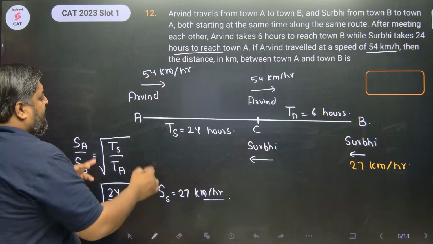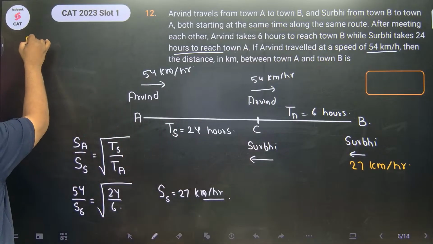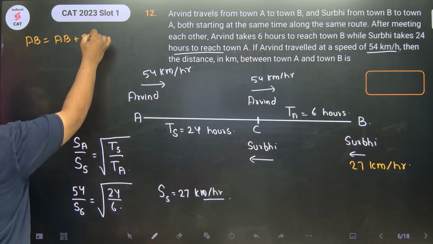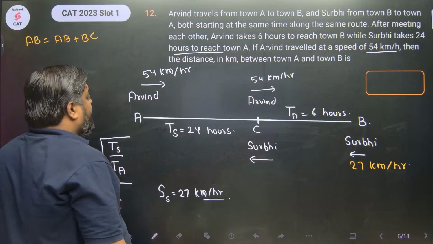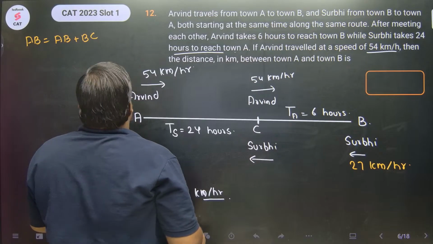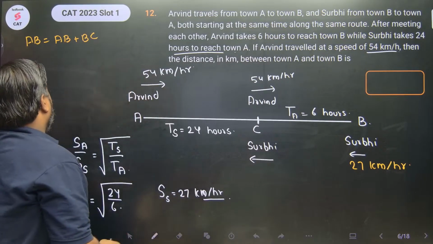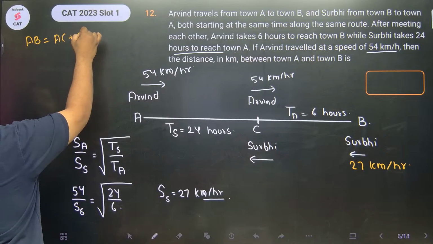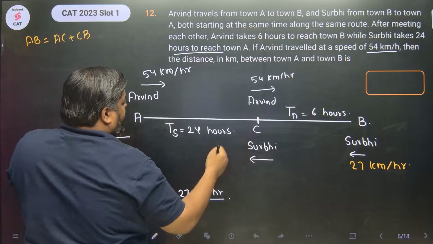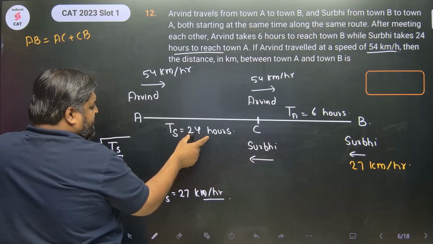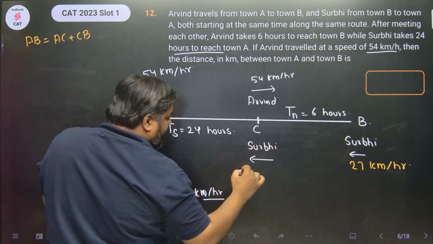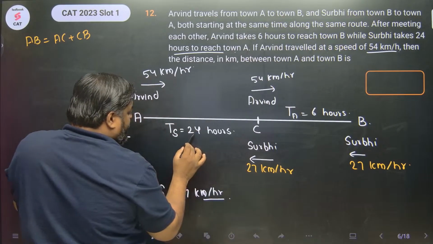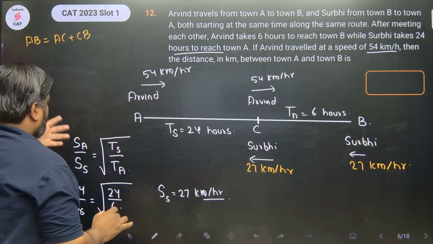So distance between A and B: AB is AC plus CB, right? Now this AC can be calculated. Surbhi is taking 24 hours running at the speed of 27 km per hour.